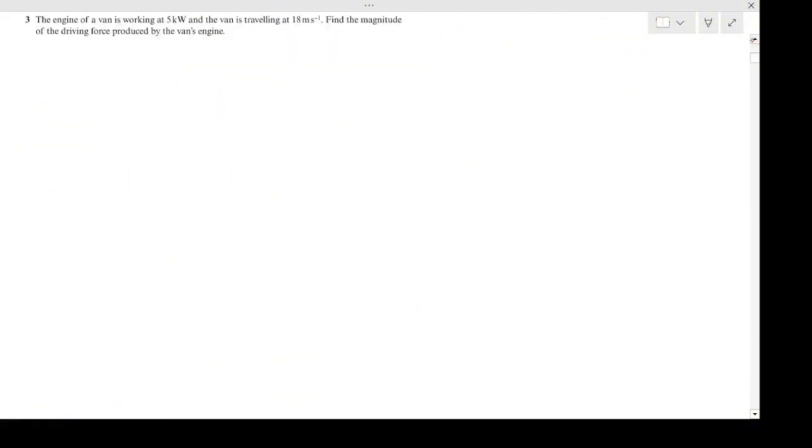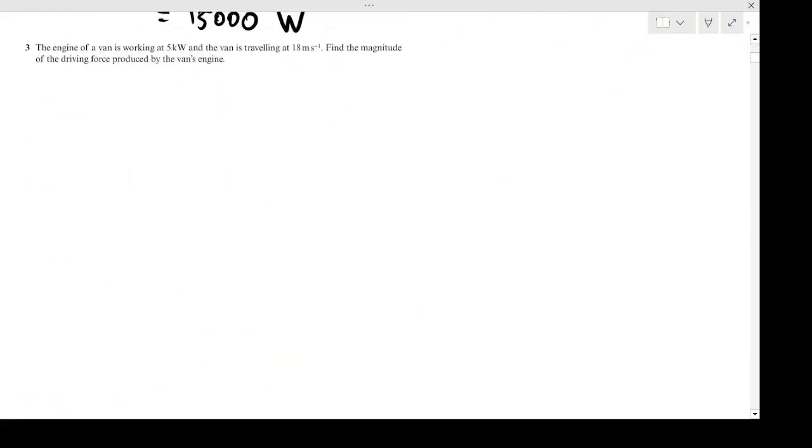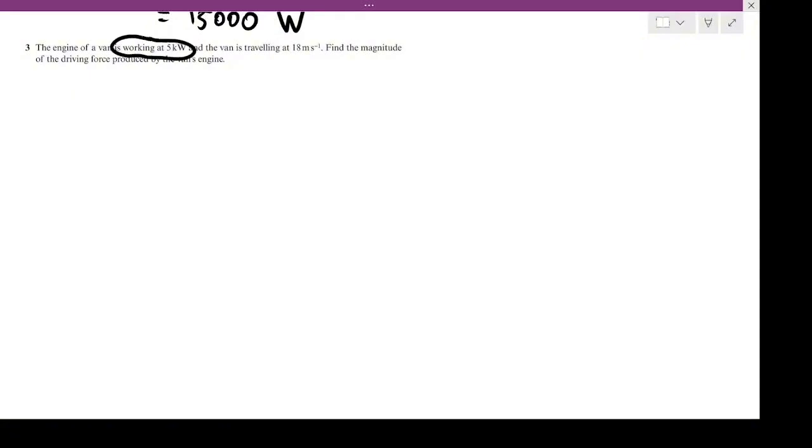Now we've got this question, and I'm told the engine of a van is working at 5 kilowatts, and the van is traveling at 18 meters per second. Find the magnitude of the driving force. So it wants the driving force. It's not explicitly mentioning power here, however it says the engine of the van is working at 5 kilowatts.